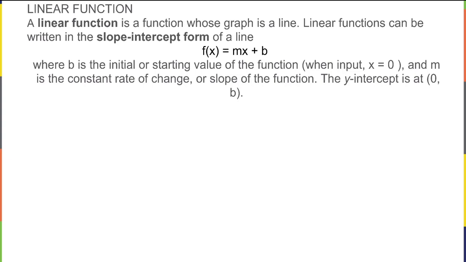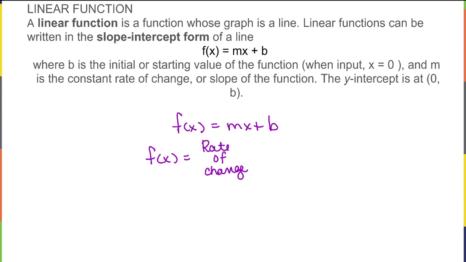Okay, so when we have f of x equals mx plus b, that's saying that the function is equal to the rate of change. This is going to help us when we're representing it with words. Rate of change times x plus b, which is our starting value.